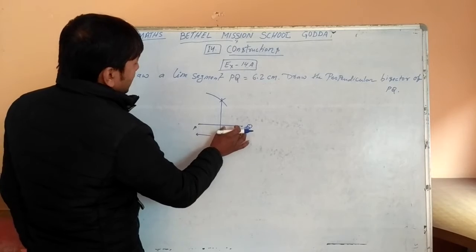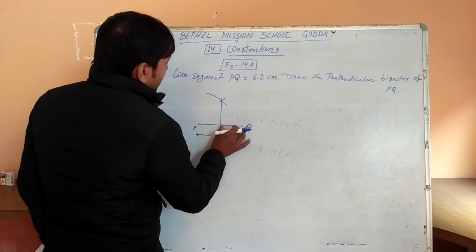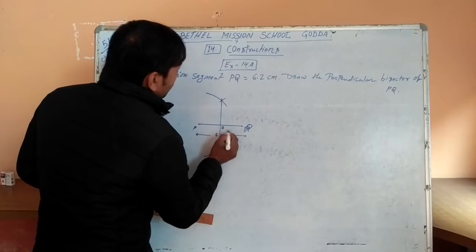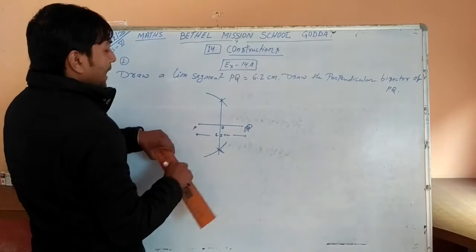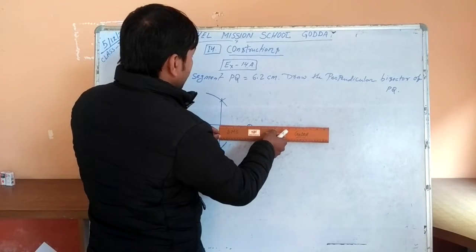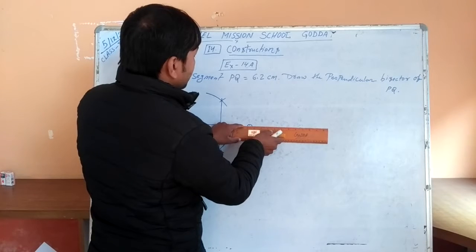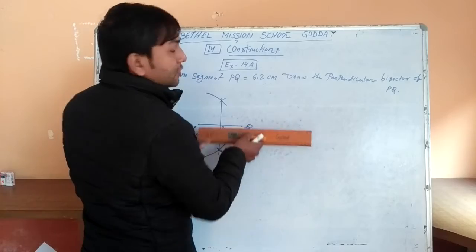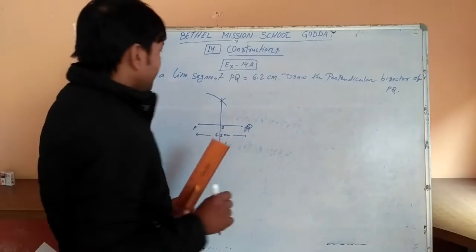Bisect means, if we say the point here is O, then OQ should be half of 6.2, that is 3.1.